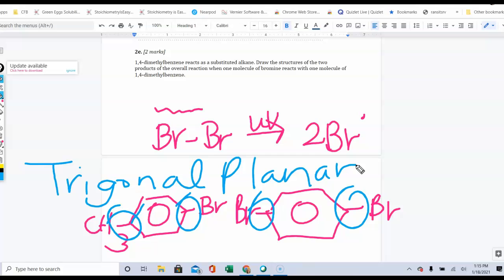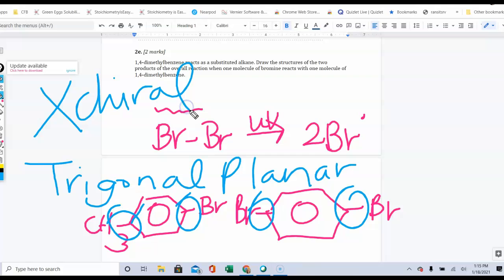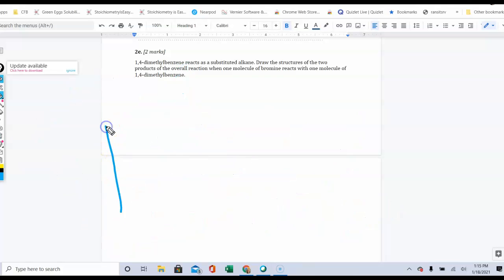So we have a carbon that does have another carbon attached to it, but since it's a trigonal planar format, this is not going to be an optically active molecule. That means that there is no chiral center. There will be no chiral center. And as a result, this is not going to form two enantiomers.